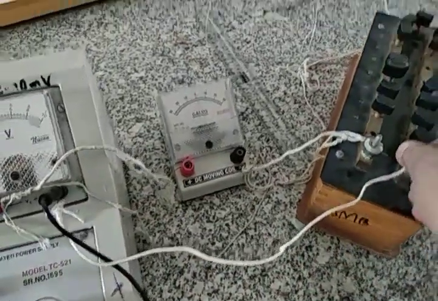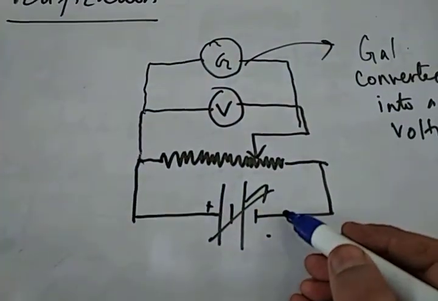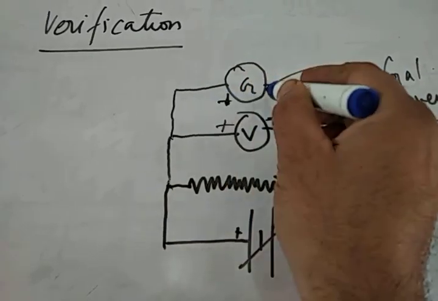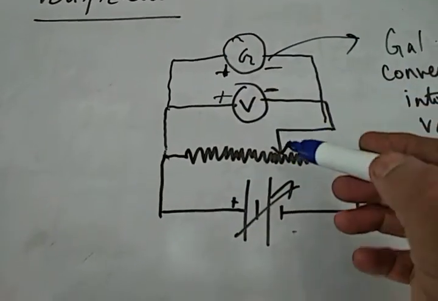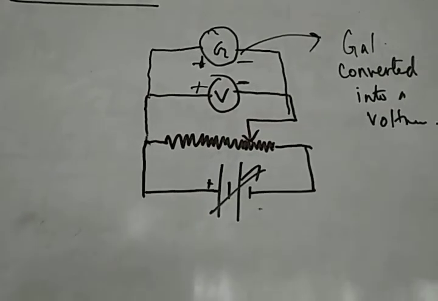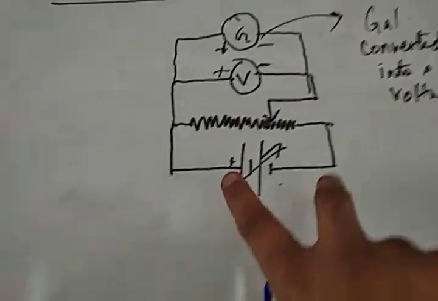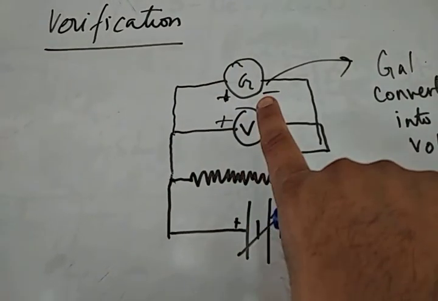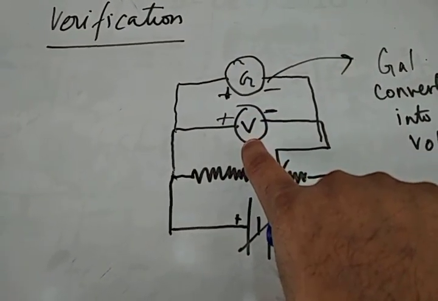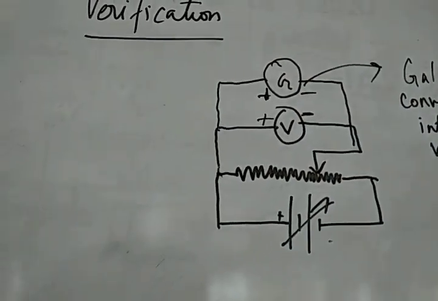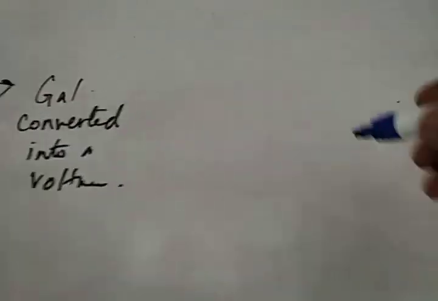The positive ends and the negative ends of the 2 voltmeters are connected together, and they are connected to the variable power supply. Now I will be increasing the voltage over here, and the voltage will show an increase in this voltmeter as well as this.